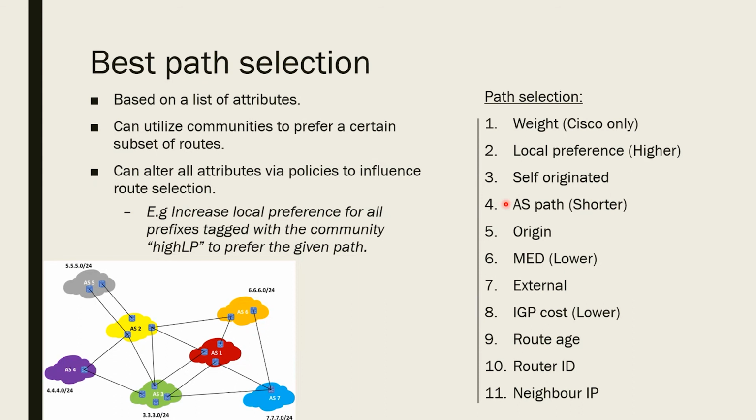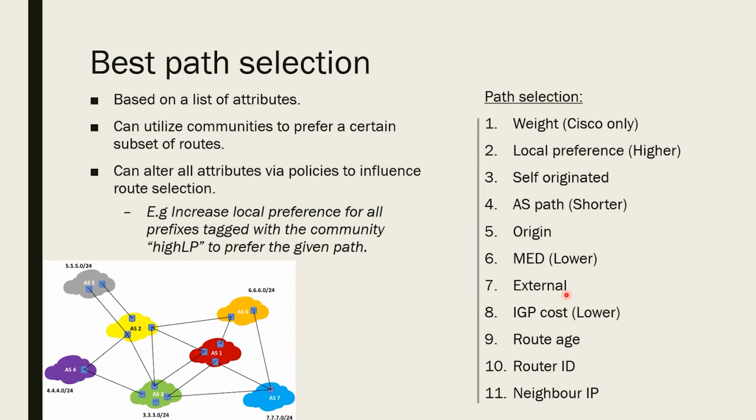We then have AS path, which I've mentioned. Shorter is preferred because that suggests a shorter path, shorter distance to get to the destination. We then have origin, which is, as I mentioned, how the prefix was advertised into the BGP network, sorry. We then have MED, number 6, which is we prefer a lower MED value over a higher MED value.